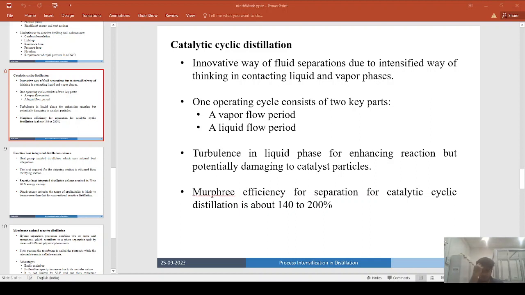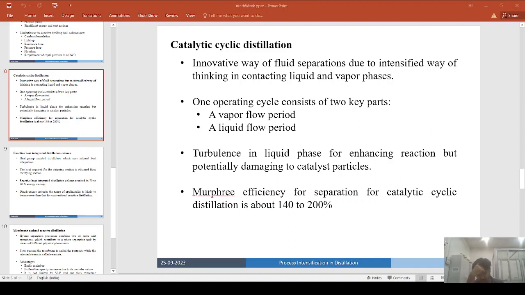So the reboiler heat duty is reduced since the reboiler is assisted by the heat that has been obtained from the rectifying section to provide the heat of evaporation to the stripping section. So your duty of the reboiler will be reduced.